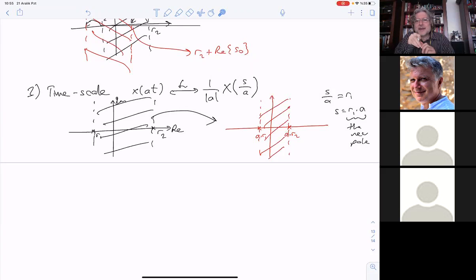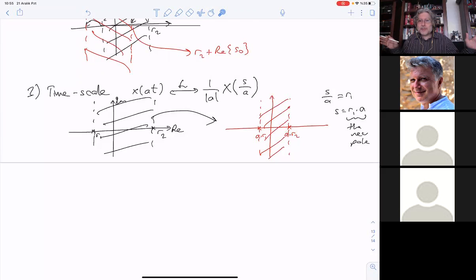Therefore, the poles that I would expect are farther away from the j omega axis to make sure that the j omega axis is essentially included in the region of convergence. So the poles are farther away from the j omega axis for A large.